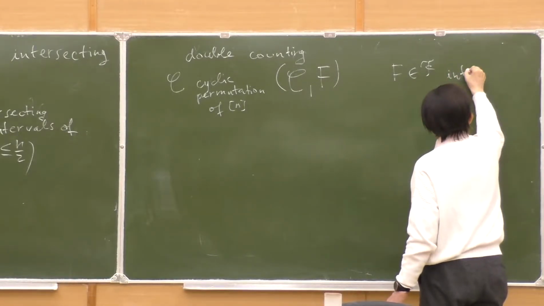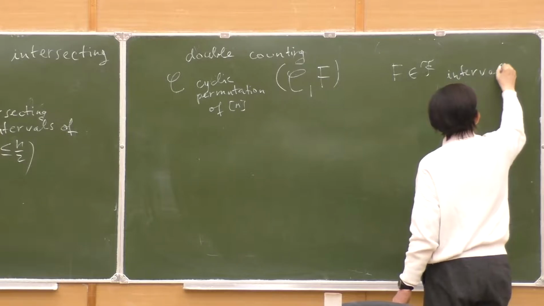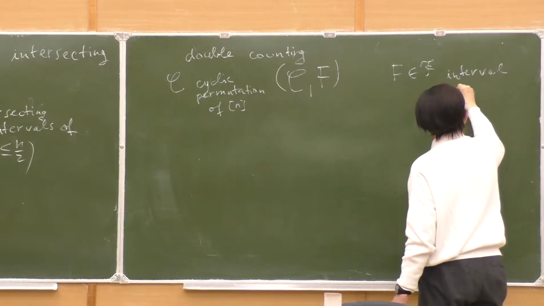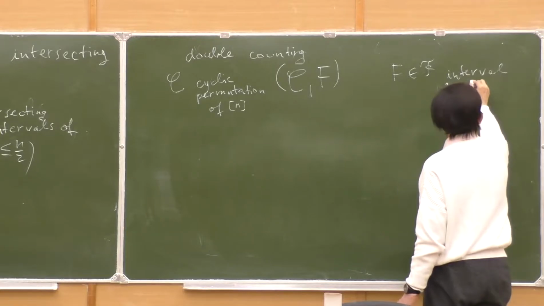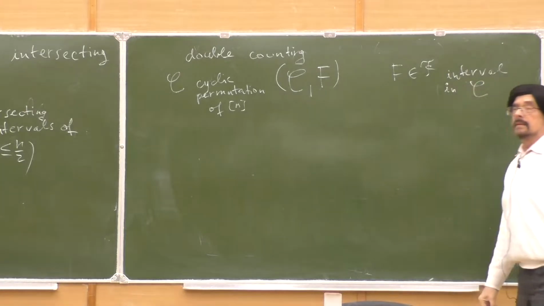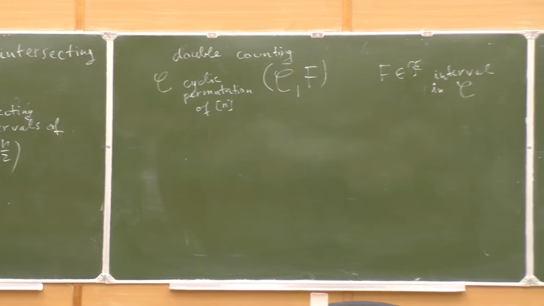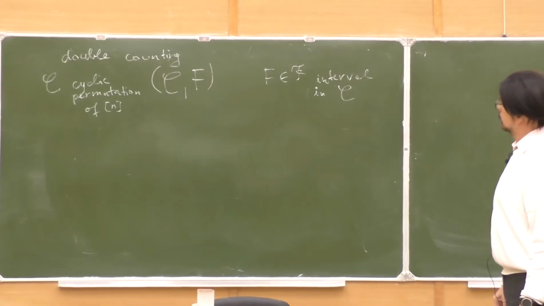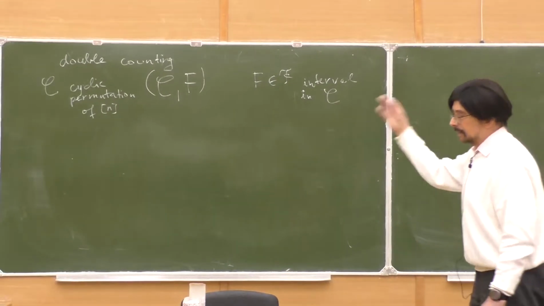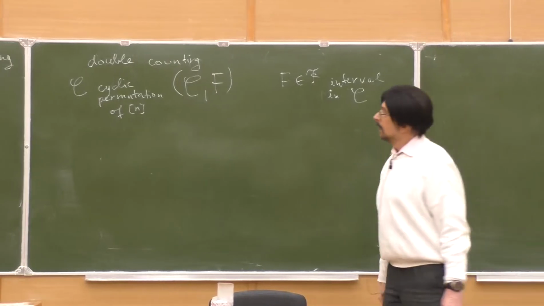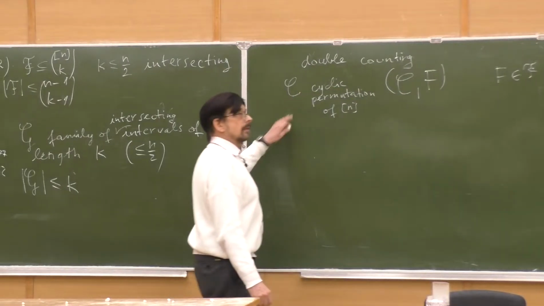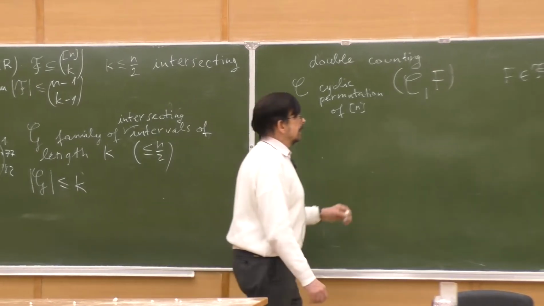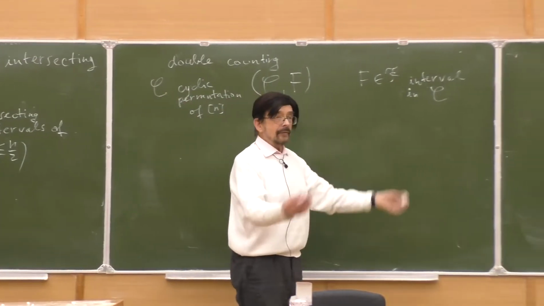Maybe it's not clever to write a script letter, but I hope you don't mind. So this is one ordering, and F is taken from the family.